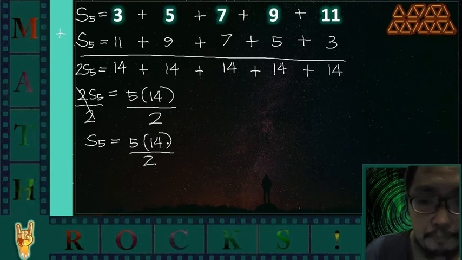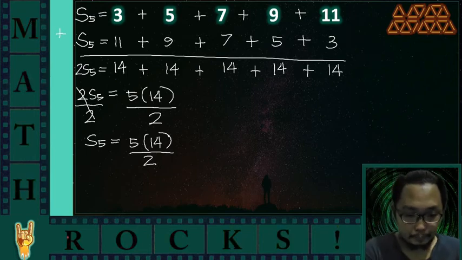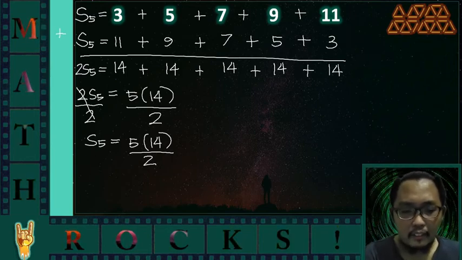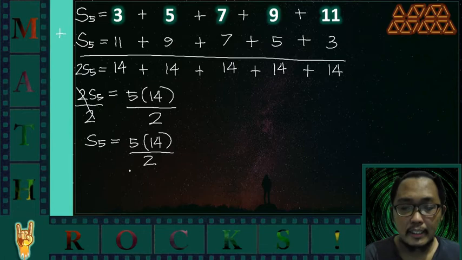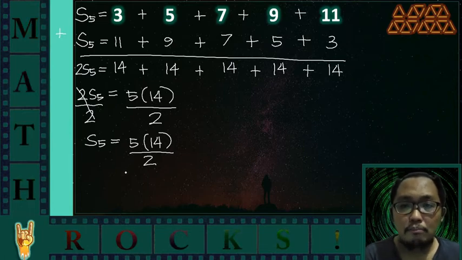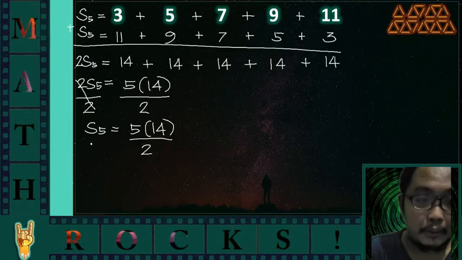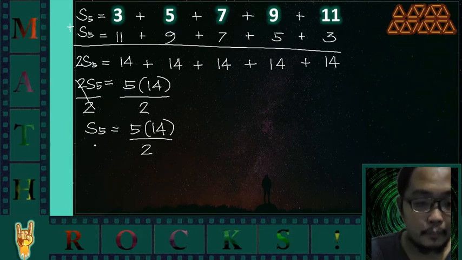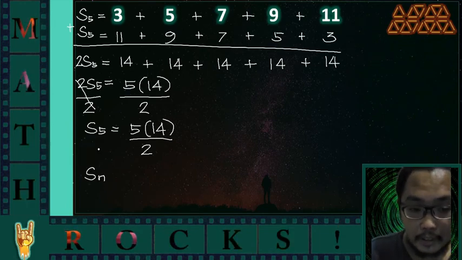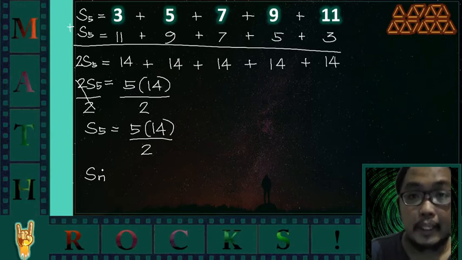And now, let us try to have each of the numbers that we see here be expressed in terms of general terms. So let's say the S sub 5 would now be S sub n, changing the 5 to n.